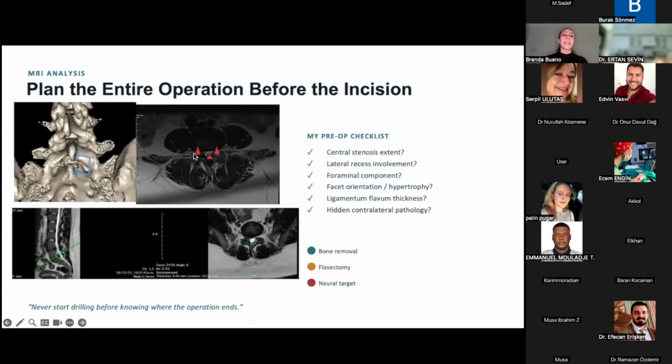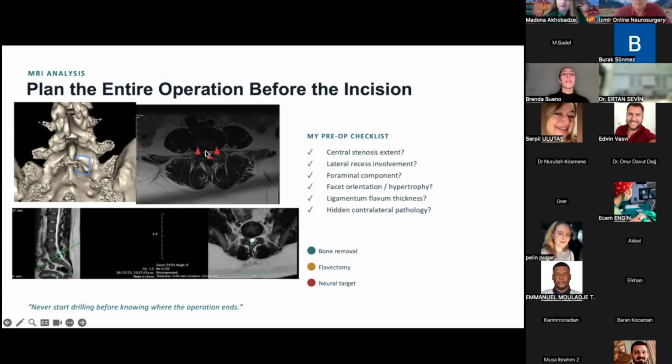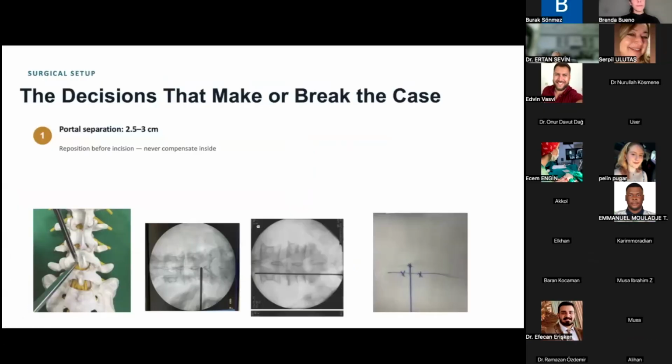In this case, it was central and lateral recess, to get a very good decompression of not only the central roots but the exiting root too. Here I just want to show you the importance of seeing your flavum ligament. When you have this in mind, the next steps are to perform.